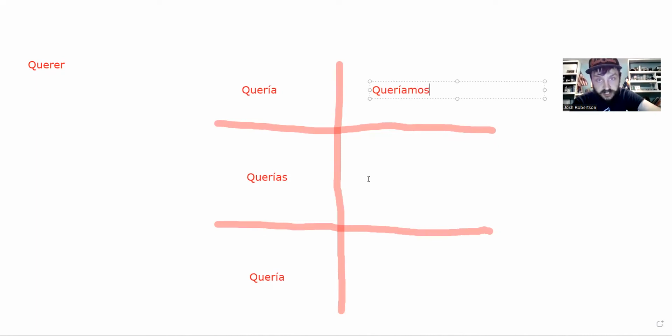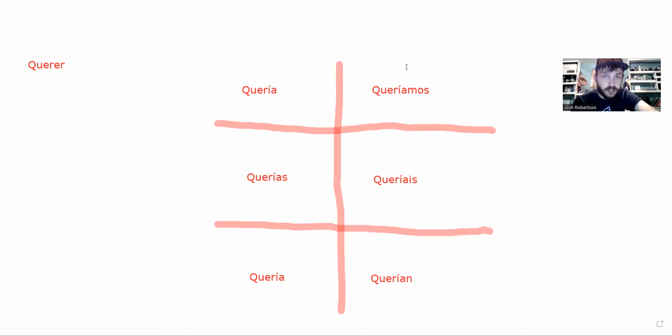Vosotros, vosotras queríais. Ellos, ellas, ustedes querían. Now in the imperfect indicative, yo quería, tú querías, él, ella y usted quería, nosotros, nosotras queríamos, vosotros, vosotras queríais, ellos, ellas, ustedes querían.